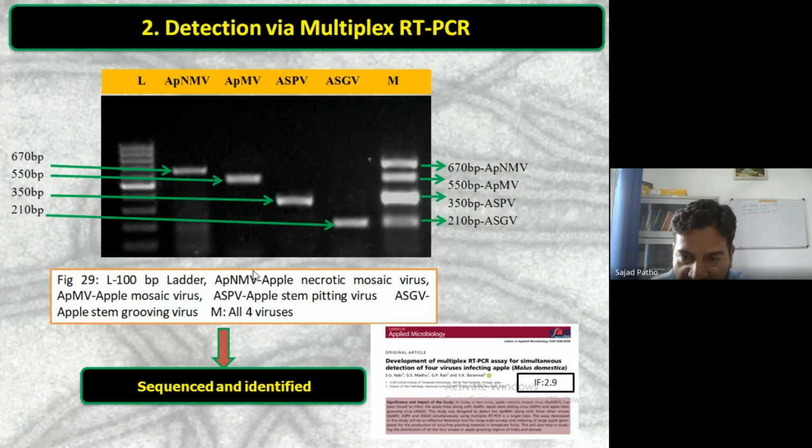When we detect 3 viruses at a time, we call it a triplex PCR, then quadruplex PCR, pentaplex PCR. So it depends upon how many viruses or pathogens we are detecting simultaneously. Here the advantage is that we are reducing our time, our cost, and our management component. So this multiplex PCR is more efficient than the normal PCR for detecting a single virus.